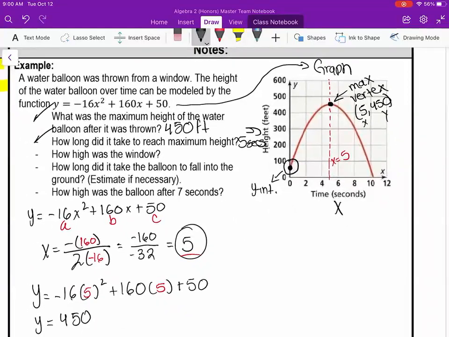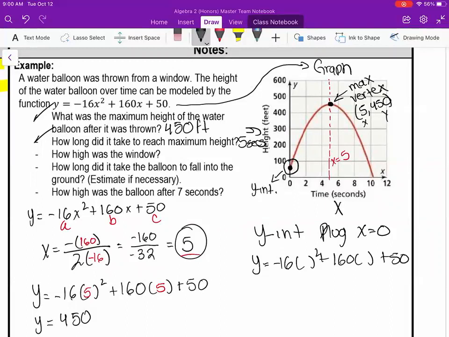If it's your y-intercept, all I've got to do is find the y-intercept given the equation, and we know how to do that. To find the y-intercept, all we've got to do is plug in 0 for x. So I'm going to take my original equation, negative 16x squared plus 160x plus 50, and plug in 0 for x.